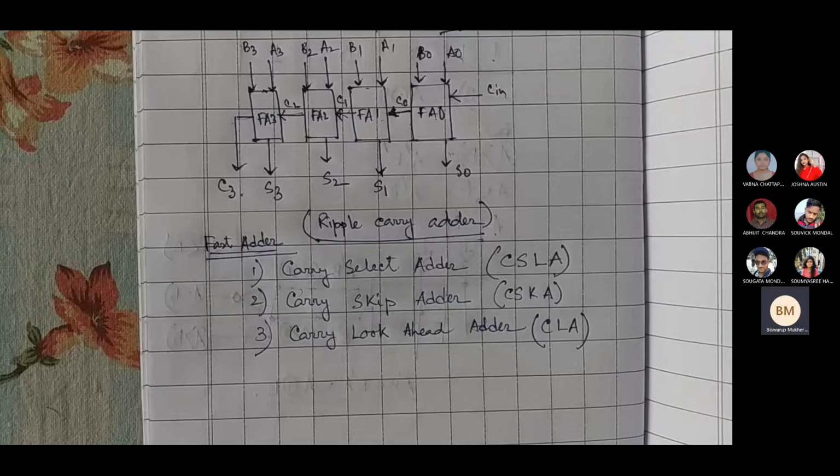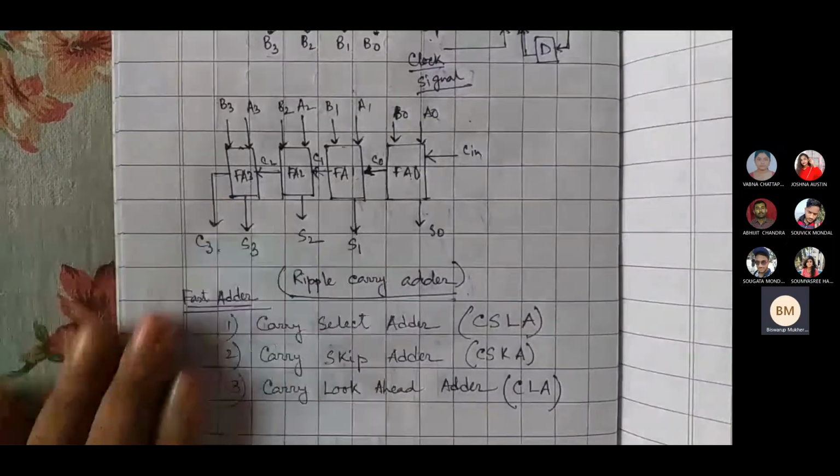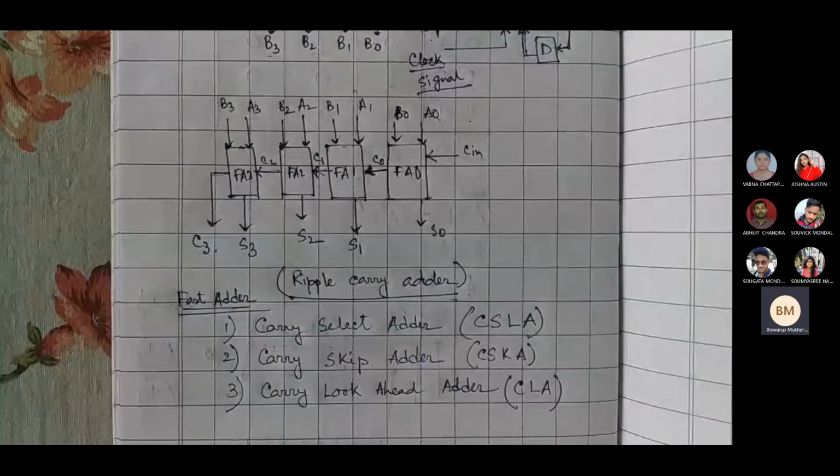And make sure the circuit becomes a little bit more complex compared to the simple RC adder. The circuit becomes more complex for that one, but the delay becomes low.